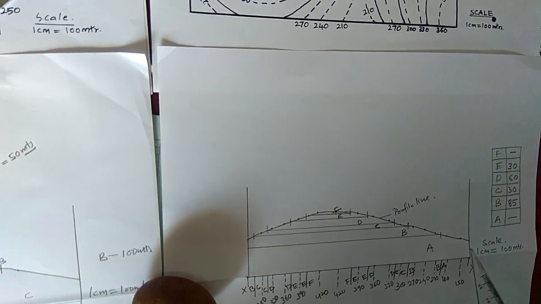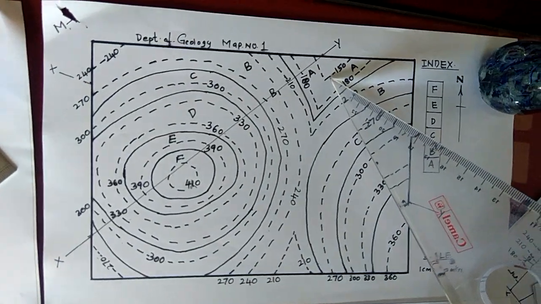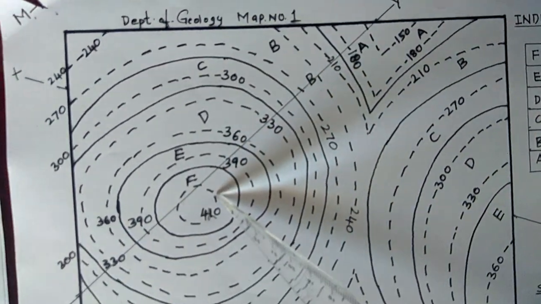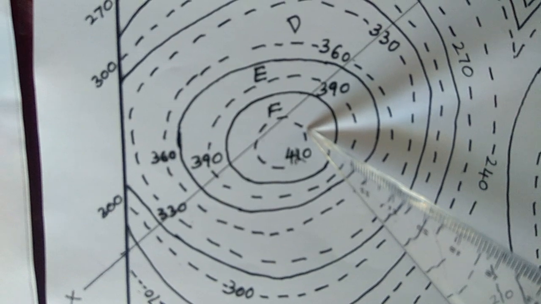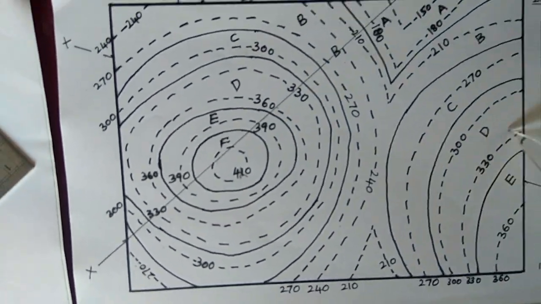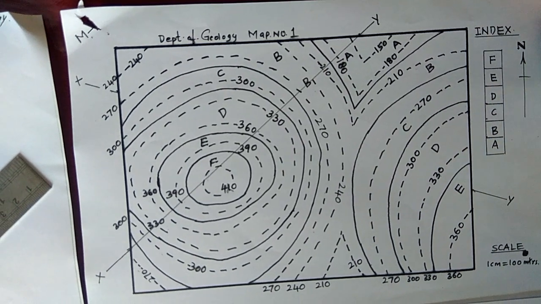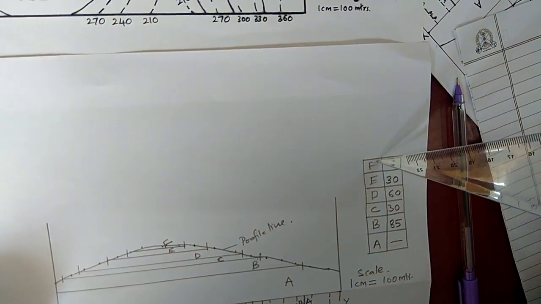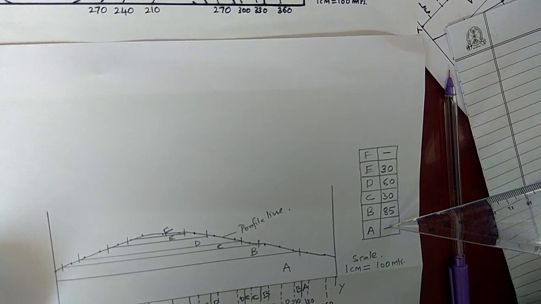In the given area, the lowest height from the mean sea level is 150 meters and the highest one is a 420 meters height peak. And third point, in this map, how many beds we are able to trace out? Means 1, 2, 3, 4, 5, 6 beds, in which A is the oldest. How is it oldest?